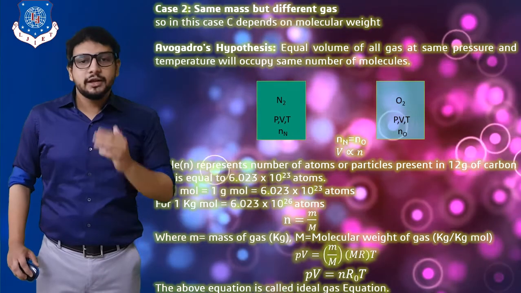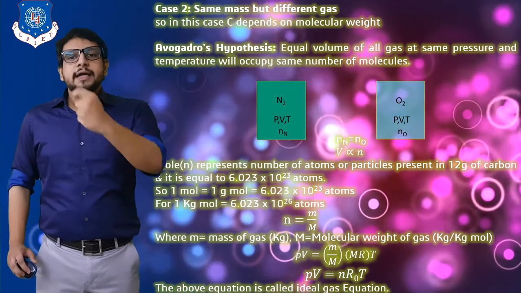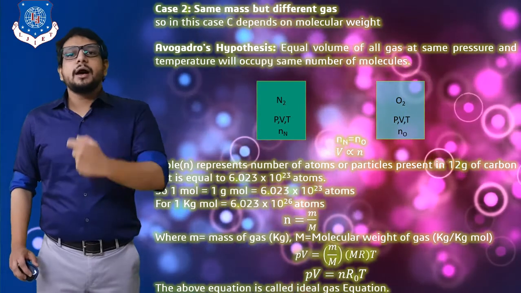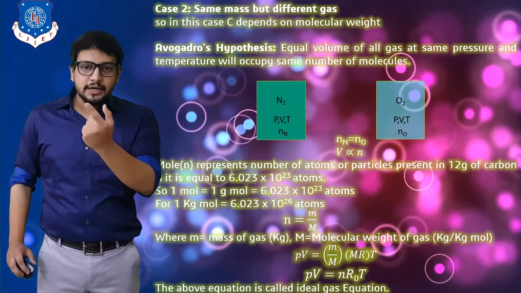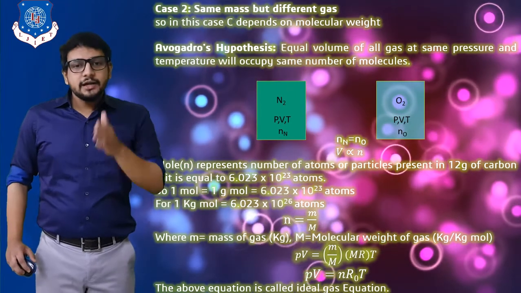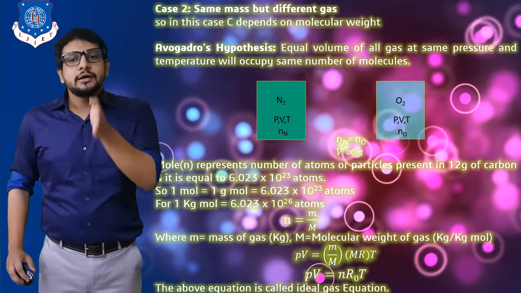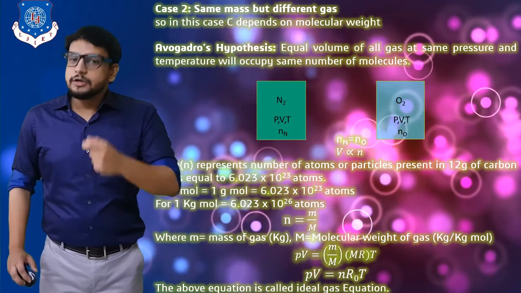As you can see on your screen, I have written PV is equal to small m by capital M into MR into T. You can see capital M is multiplied and divided in numerator and denominator. So the final equation we can write is PV is equal to N R naught T, where small m by capital M is our number of moles.